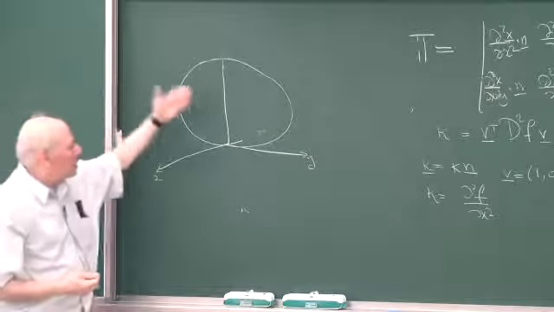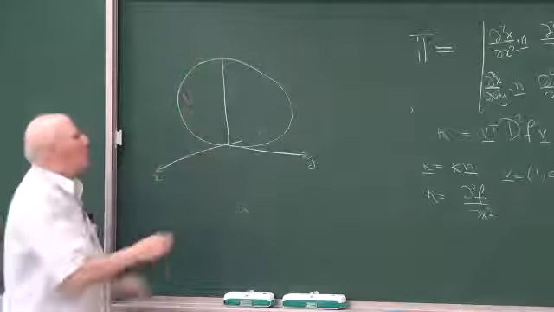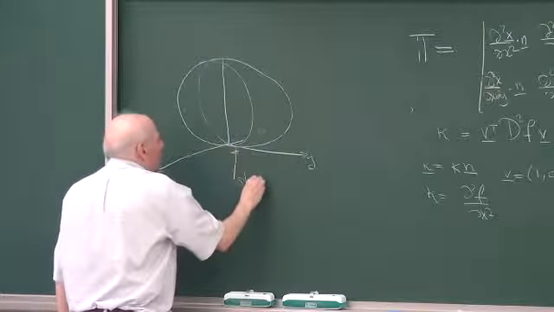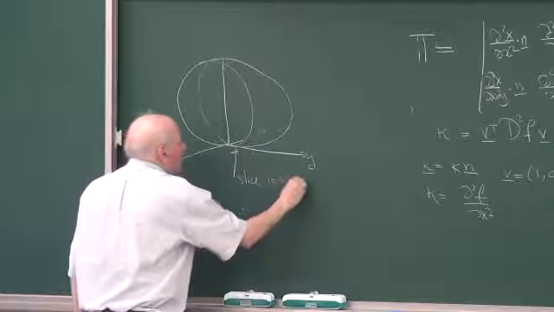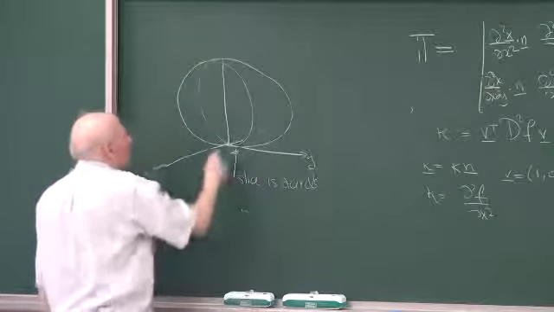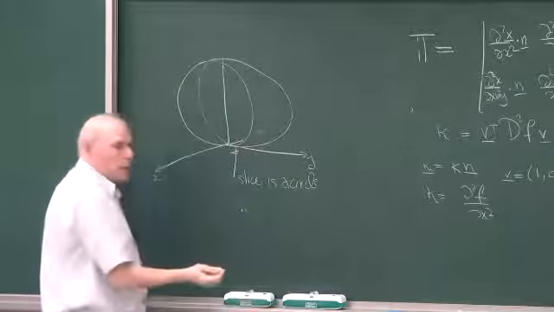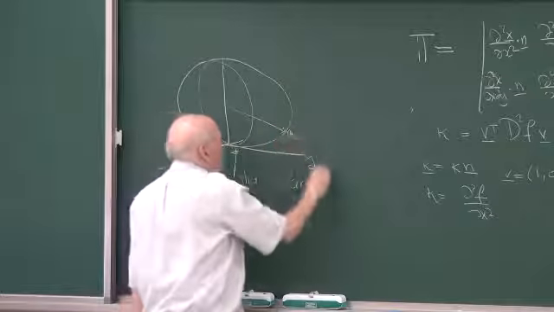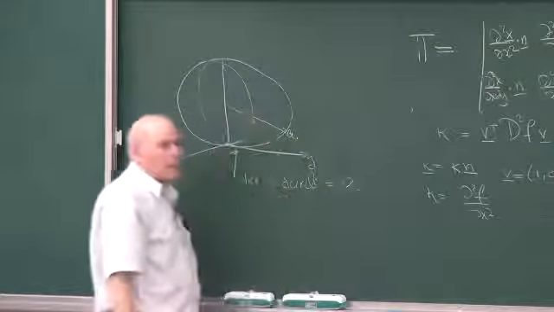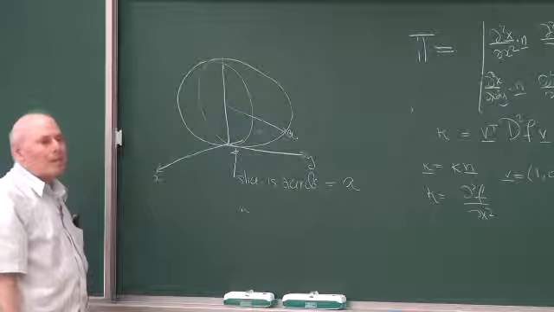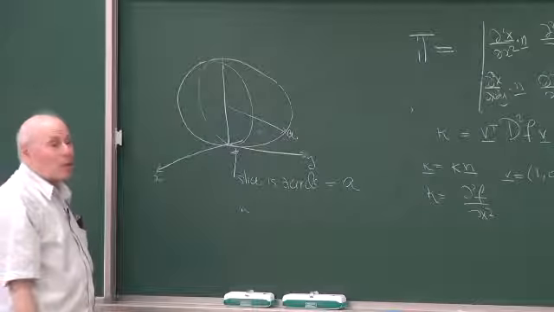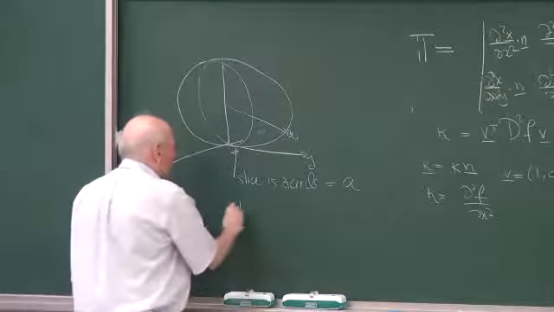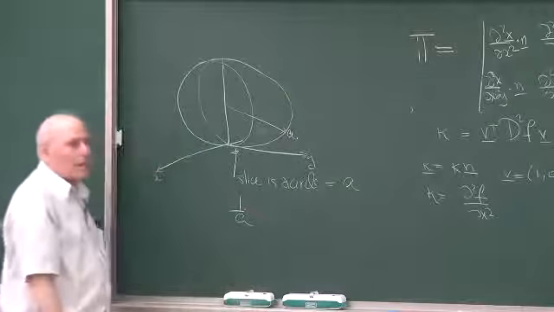If I take any slice, it's a circle. So every slice is a circle. If the sphere had radius A, then the circle has radius A. What's the curvature of a circle? The curvature of a circle is 1 over A.